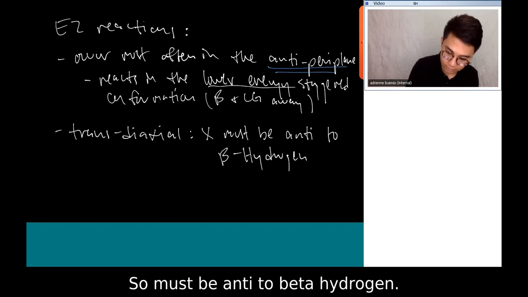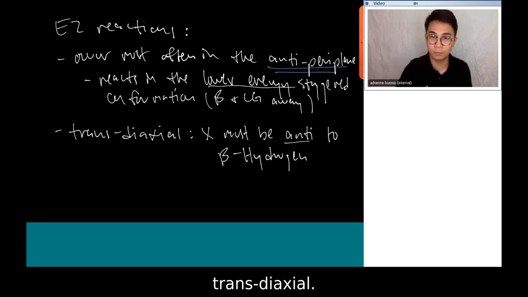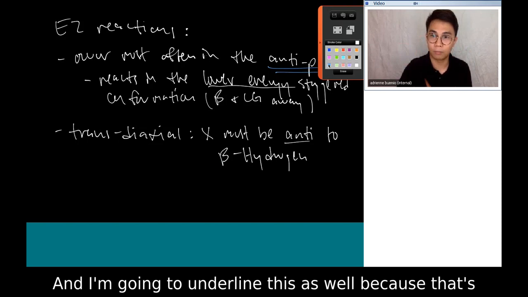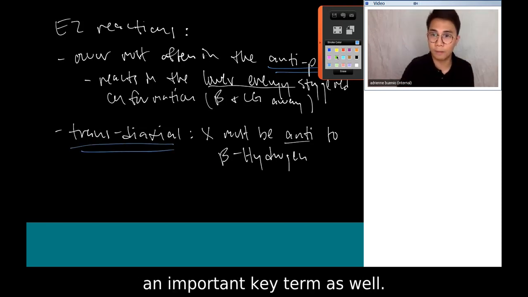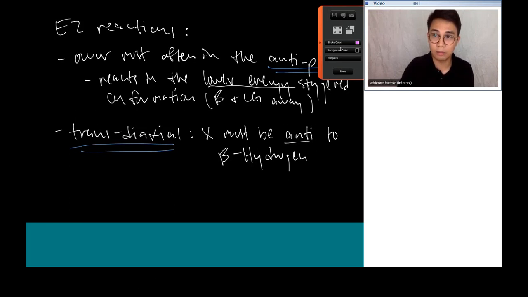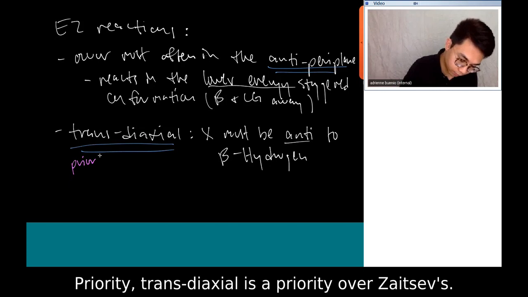So must be anti to beta hydrogen, right? And over here, this is where it gets interesting. Trans-diaxial, and I'm gonna underline that as well because that's an important key term as well. And then I'm gonna pink this: priority. Trans-diaxial is a priority over Zaitsev.